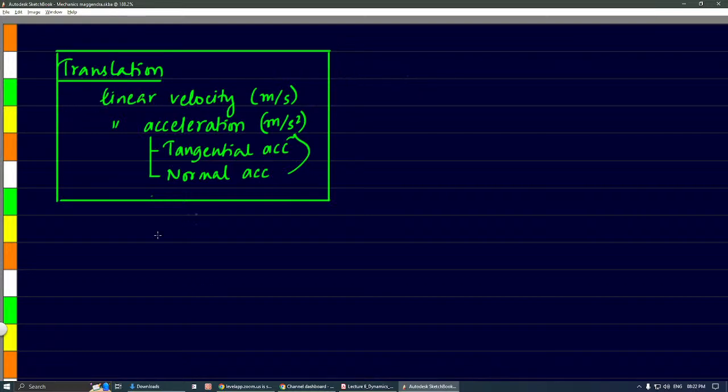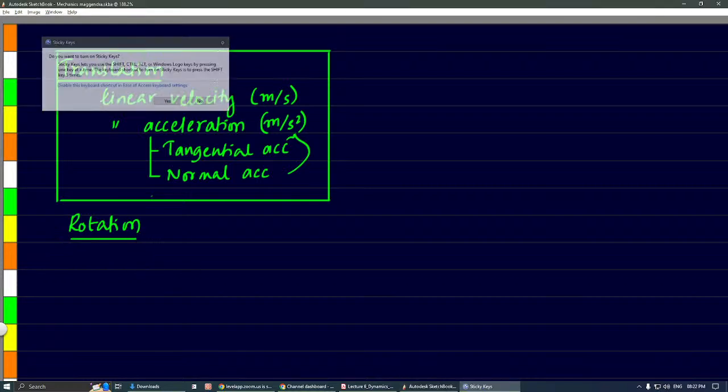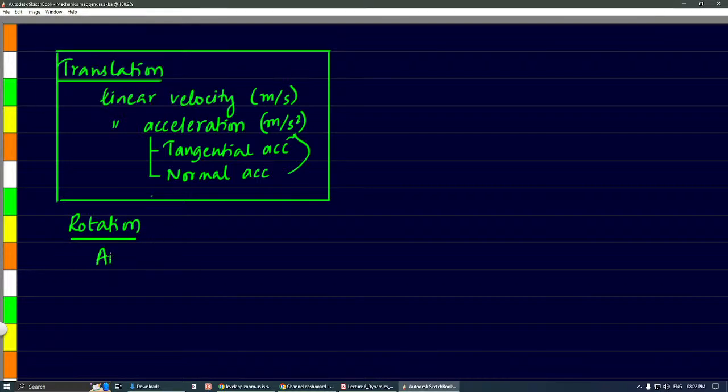Now when we come to rotation, what do we have? We have angular velocity and angular acceleration. Angular velocity, what is the unit? Radian per second.